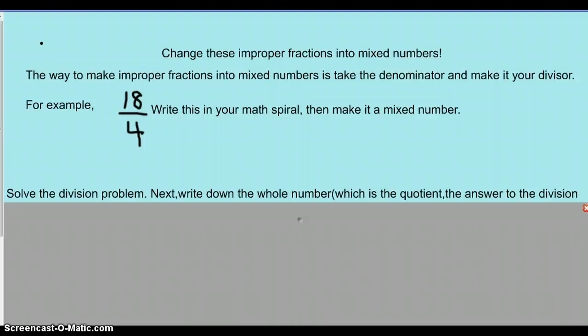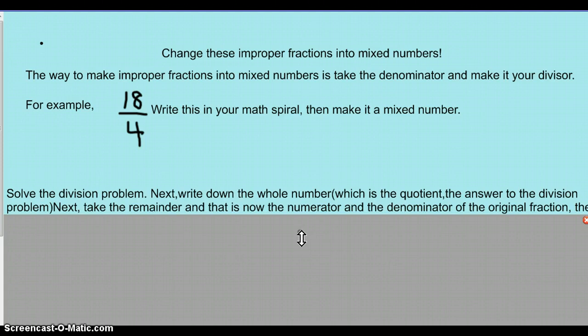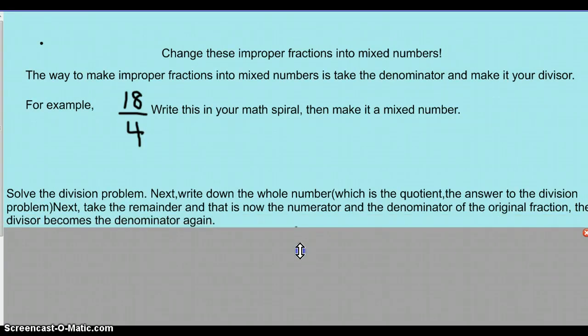Next, write the whole number, which is the quotient, the answer to the problem. Next, take the remainder, and that is now the numerator. The divisor becomes the denominator again.